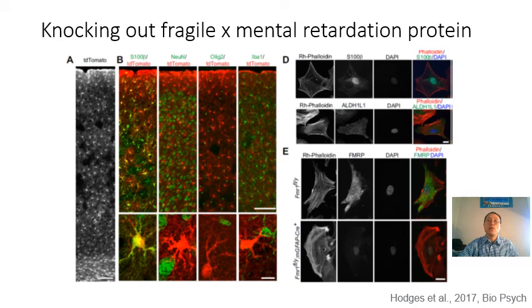One thing you might not know is that the Fragile X mental retardation protein resides not only in neurons but also in astrocytes, and in other glial cells such as the microglia.